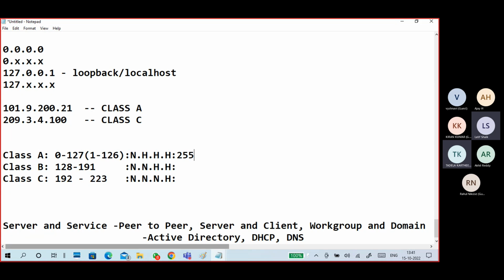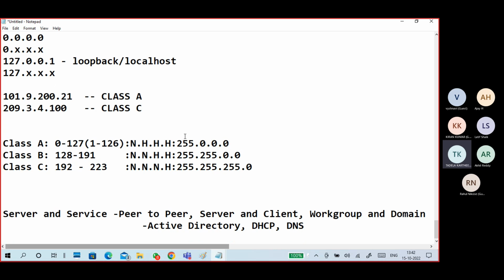And the default subnet mask. By default, where is the network portion? That is 255. We are not going into it too much. This is the default subnet mask.